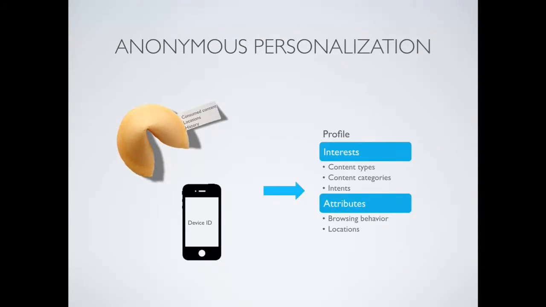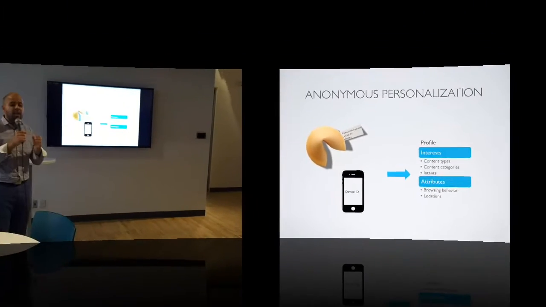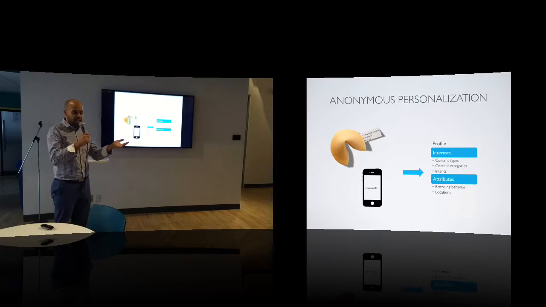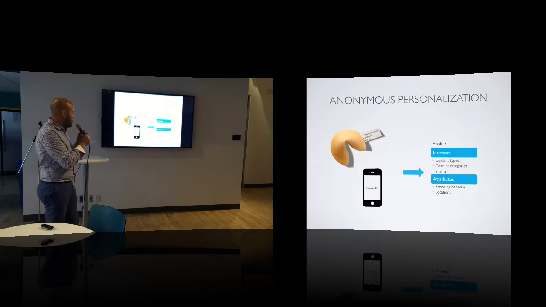Without necessarily the user being connected or creating a profile in your app or on your website, you could do cookie-based personalization. Basically, you'd be storing consumed content, location, and history. So the next time the user is on your website, you can try to tell him what the next content might be based on his history or device ID. What that does is help us create a profile of the user.